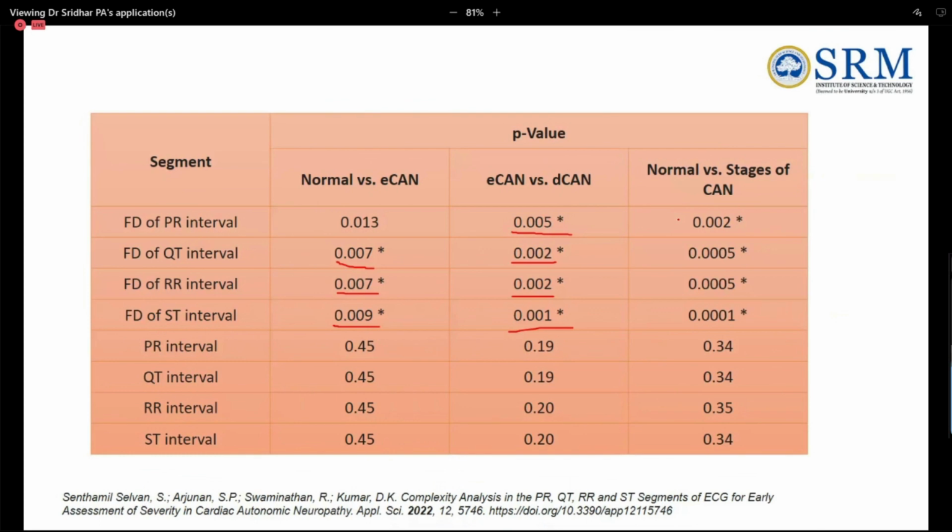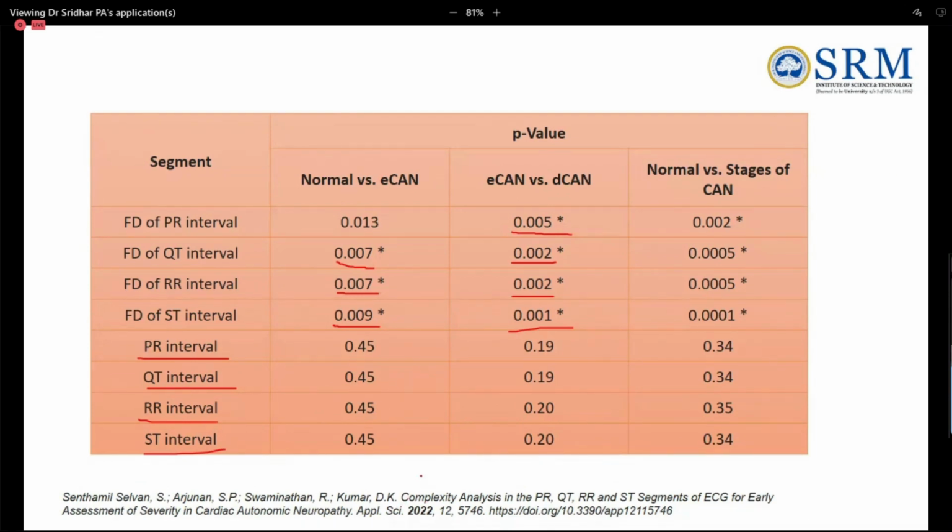We need to identify these physiological changes and why they happen in the ST interval, which can be correlated with the underlying condition, either hypertension or diabetes. Similarly, using only the time intervals, including the RR interval or other time intervals, we were unable to see any significant result.